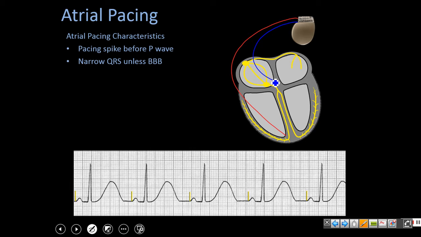So when it initiates atrial depolarization, it paces the atria, which creates a pacing spike on the isoelectric line.